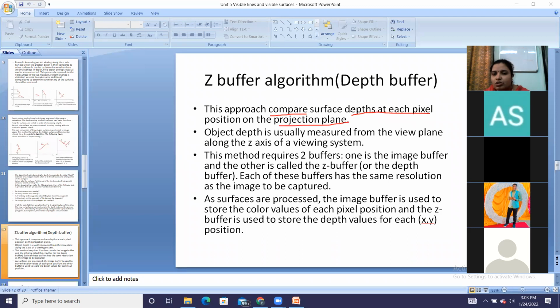It is going to check the depth of every pixel, perform the comparisons, and store the result in the Z buffer accordingly. Then, object depth is usually measured from the view plane along the Z axis of the viewing system. So this is very important.